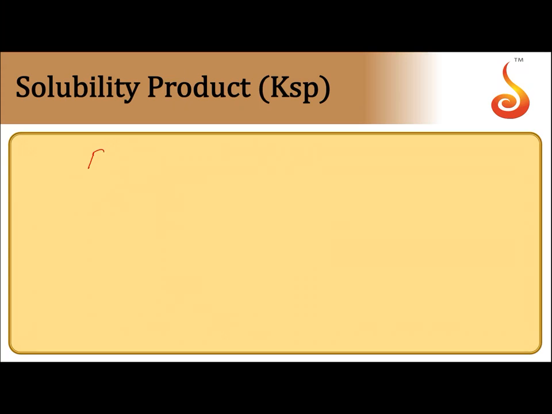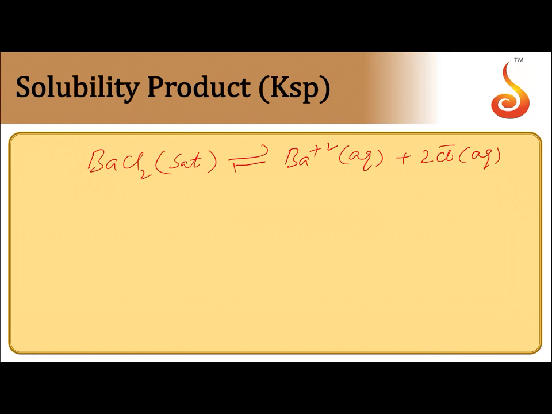Let us take a compound like BaCl2. Take a saturated solution giving rise to Ba plus 2 aqueous plus Cl minus aqueous. Here it represents the dissociation of an electrolyte.